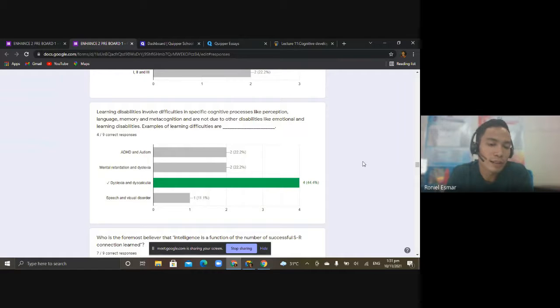Option number 3, dyslexia and dyscalculia. Dyslexia is difficulty in dealing with language and with words, letters. Dyscalculia is difficulty in dealing with numbers, or anything related to math, computations, calculations. Option number 4, speech and visual disorder. Again, we're not looking for disorders.